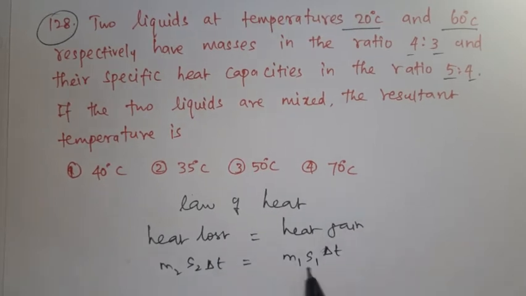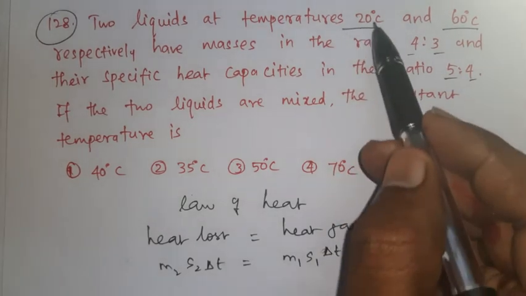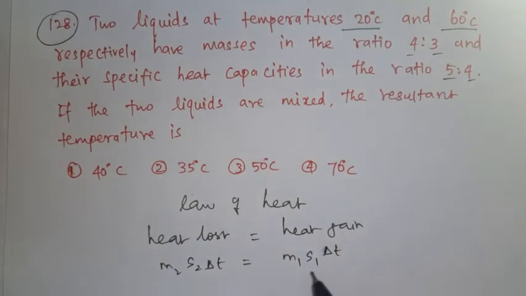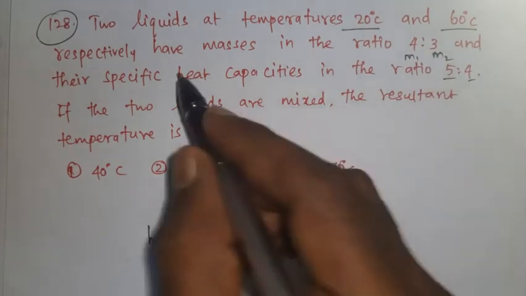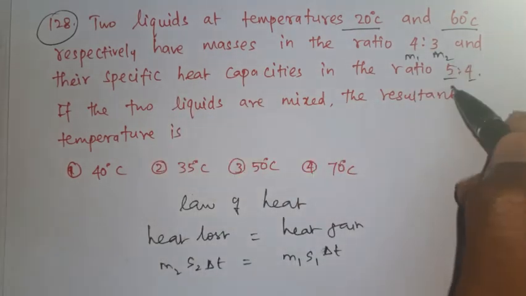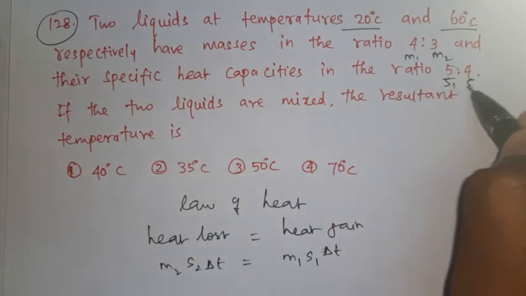Why 1 for cold body? Because first they mentioned cold body. So 1 for cold body, 2 for hot body. This is M1, M2 mass ratio. Next specific capacity ratio, this is S1, S2.